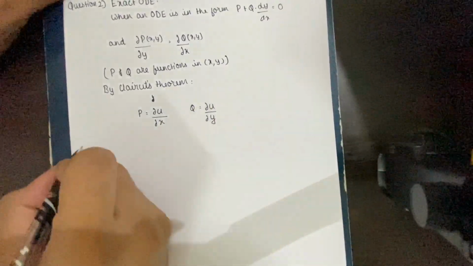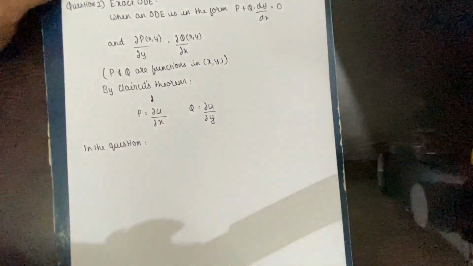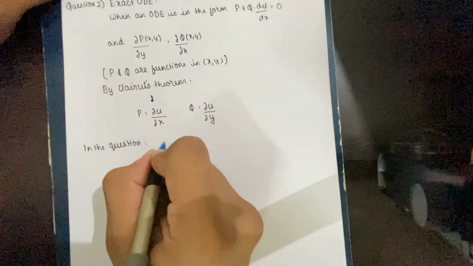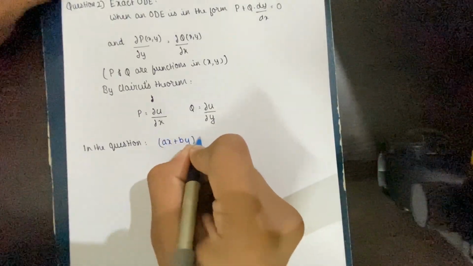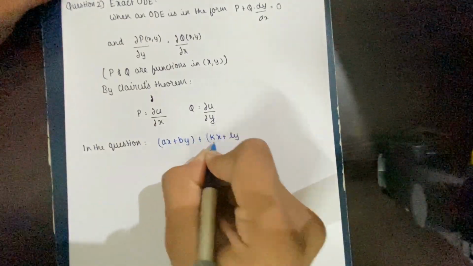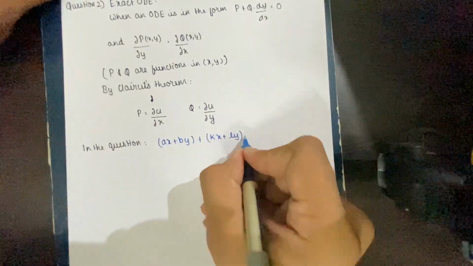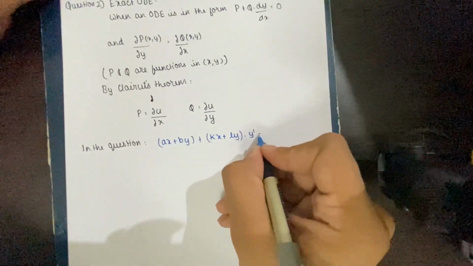So in the question, we are given this ODE: ax + by plus kx + ly times y dash, or dy/dx, it's the same thing, equals 0.